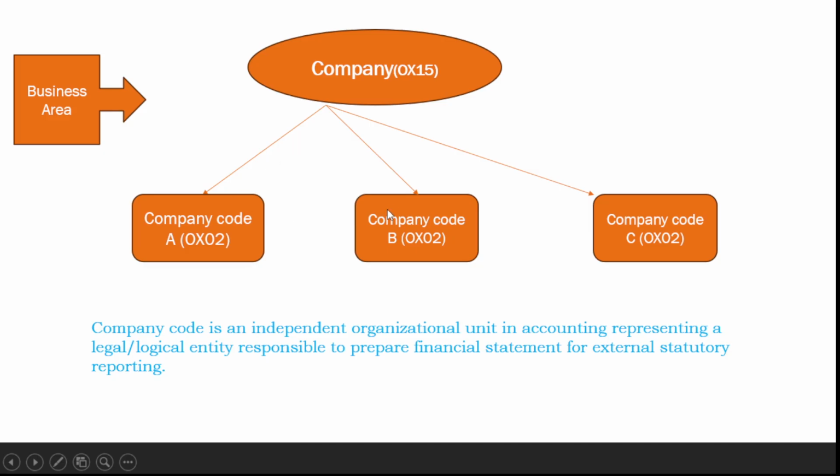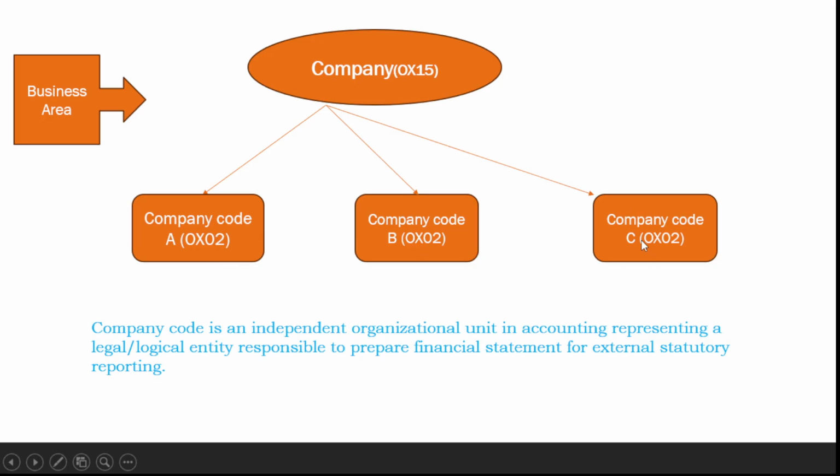If a company has more than one company code, each company code maybe doesn't have a relationship. They are independent organizations and are responsible to generate their own financial statement. So company code A will generate its own financial statement. Company code B also generates its own financial statement.